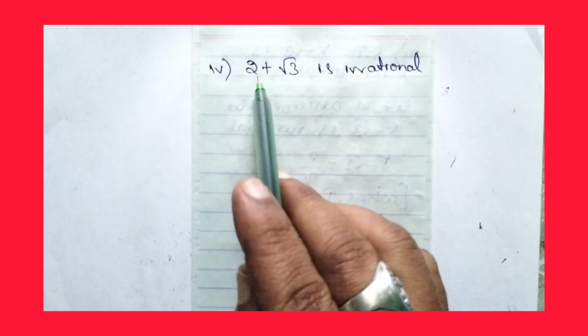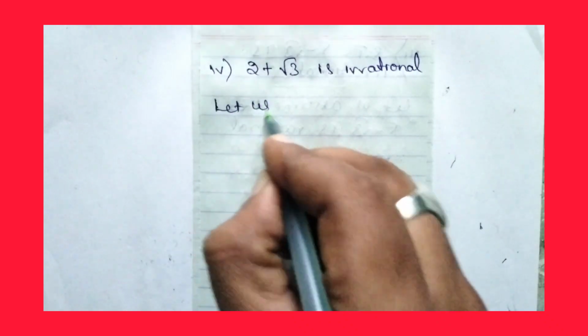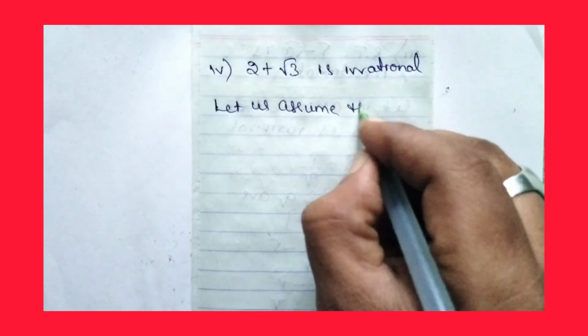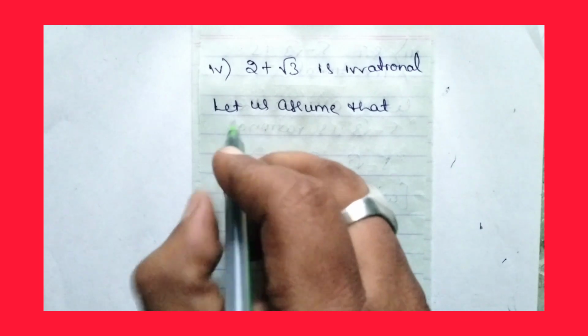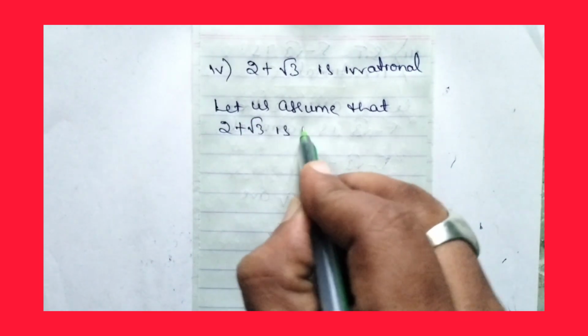So let us prove that 2 plus root 3 is irrational. The first sentence is, let us assume that 2 plus root 3 is rational.